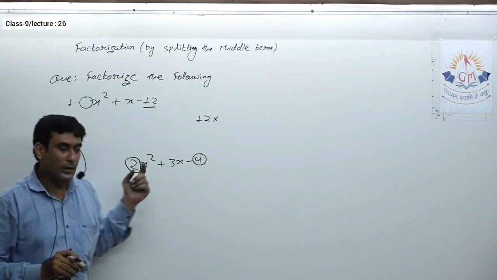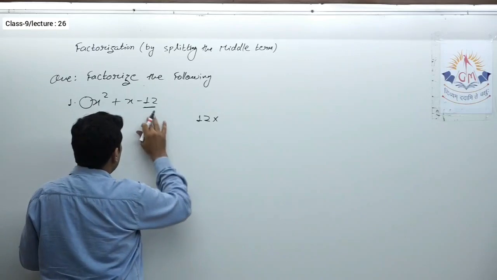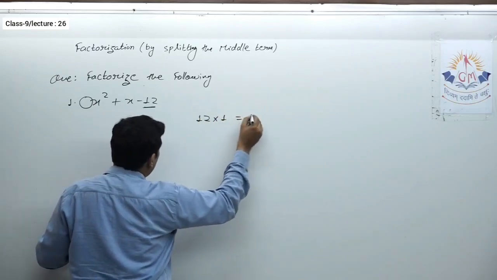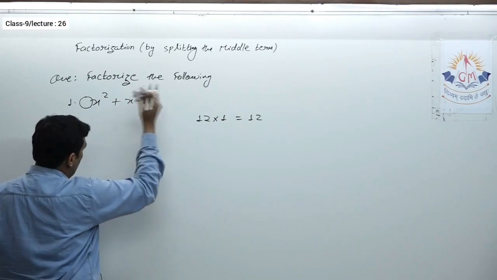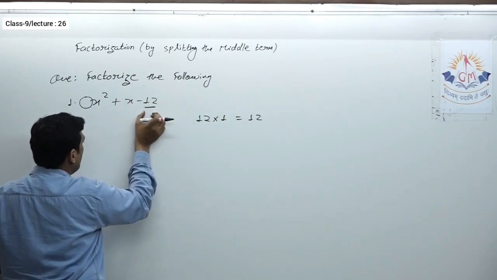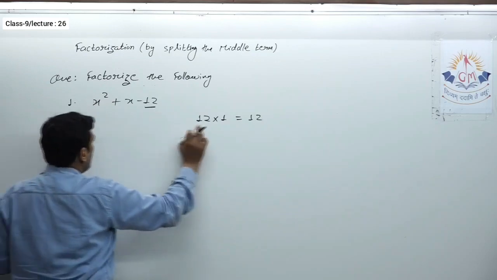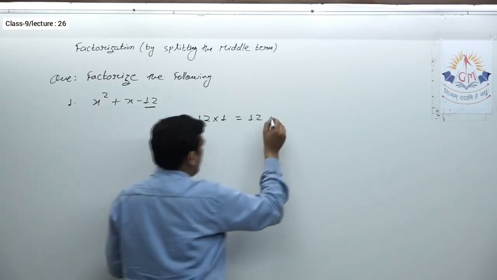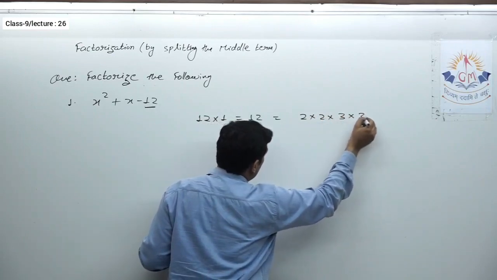So first of all, we will find their product and then its factors. So here we will find the factors of 12 multiplied by 1, that is 12. Ignoring the minus sign, the constant term is 12 and the coefficient of x square is 1, so their product is 12. Now we will find the factors of 12, and the factors of 12 are 2, 2, 3 and 1.